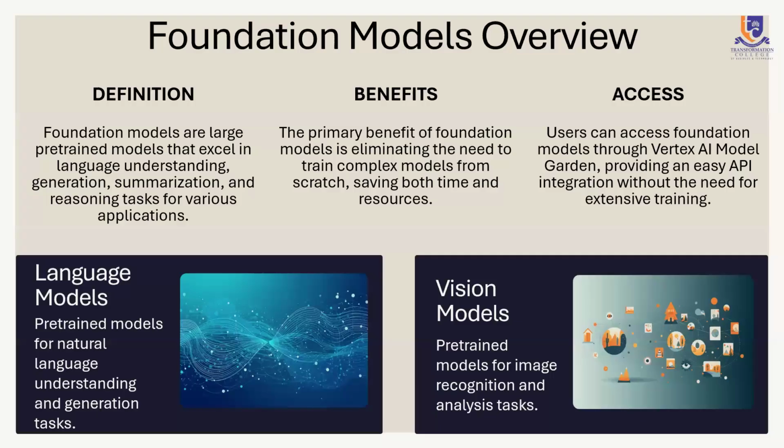So what are foundation models? Basically, I'll start with this. I hope we're all aware of the big tech companies today, Google, Meta, Tesla, Elon Musk, right? And big AI model providers like Anthropic and OpenAI, those companies have made it easy for us to have access to their models.